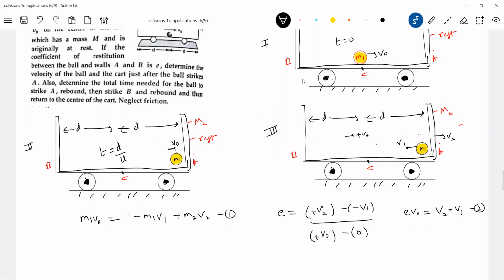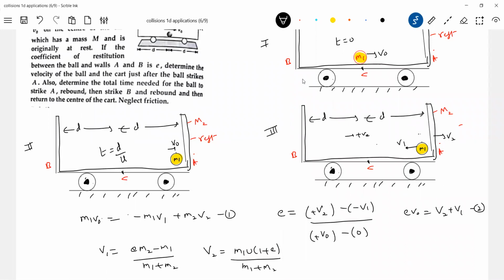V2 is equal to M1 V0 (1 plus E) by M1 plus M2. Okay, these are the velocities obtained after the first collision.